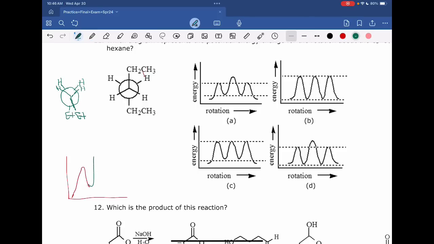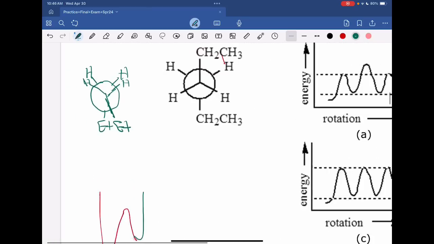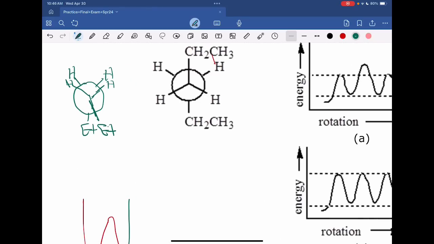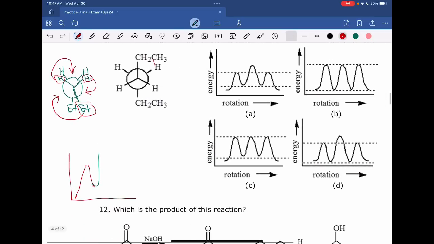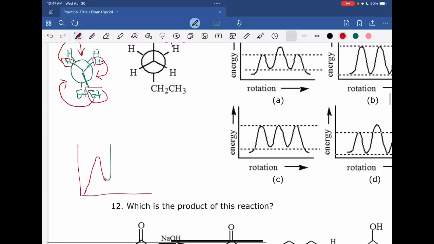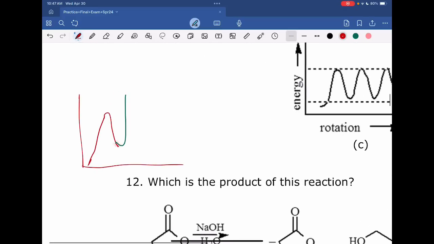Now, if we keep rotating this so that the ethyl is now gauche again, this H is going to be right here, and this H is going to be right here on top. That would be the same conformation as this point in the graph, as the first local minimum.